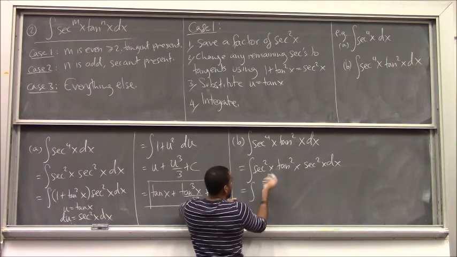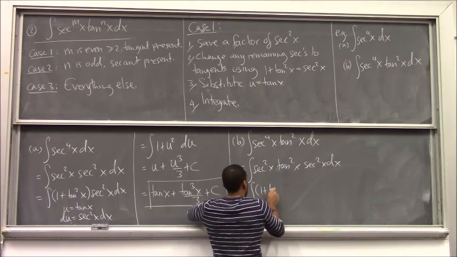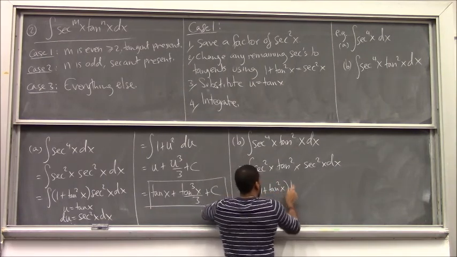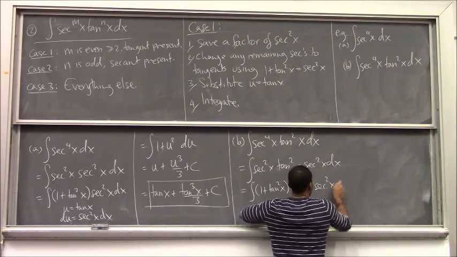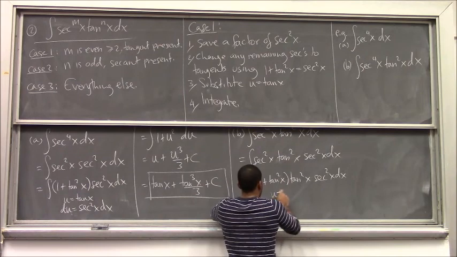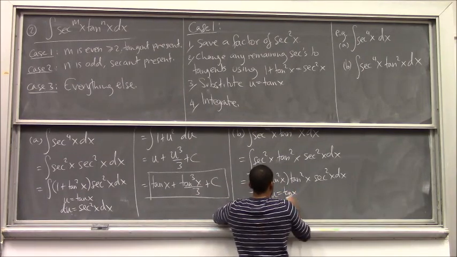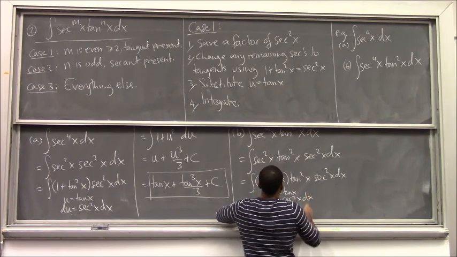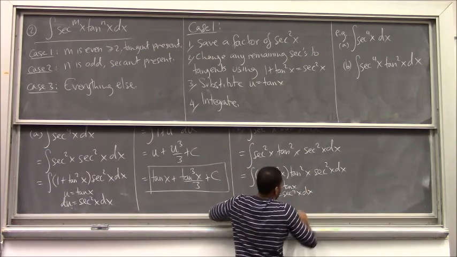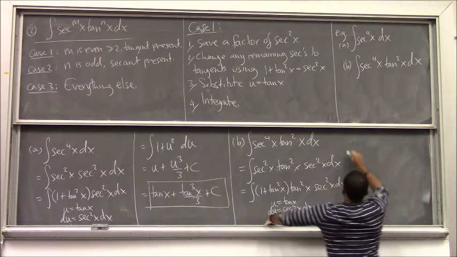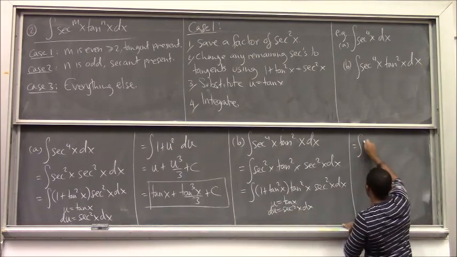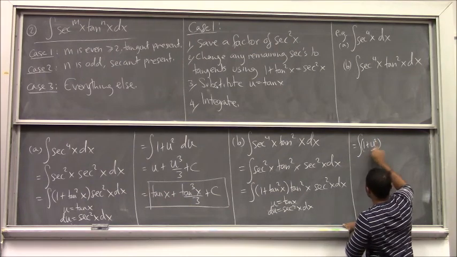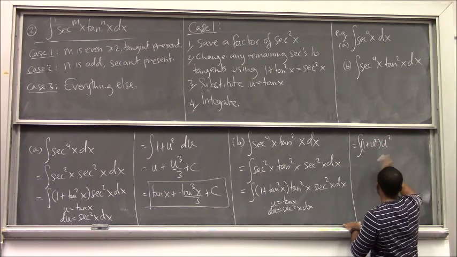Change all remaining secants to tangents. u equals tangent. Your du is going to be that secant squared. So you end up with the integral of 1 plus u squared times u squared.